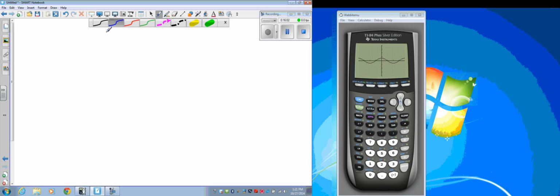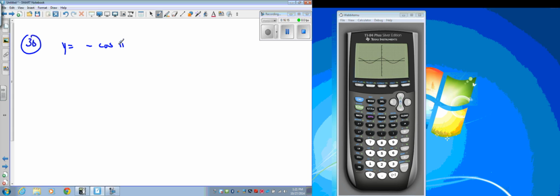All right, so I'll do 30. So y equals negative cosine of pi x minus 1/3. Now the amplitude is going to be what?